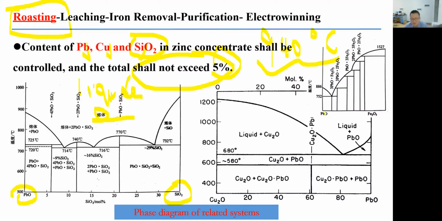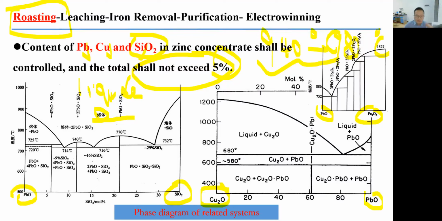A similar story can be found in the binary system of lead oxide and iron oxide, and also copper oxide and lead oxide. If we have silicon oxide, it will also react with copper oxide. So when we use a roasting temperature of 940 degrees C or even higher, up to 980 degrees C, the formation of liquid will be in larger amounts and easier.